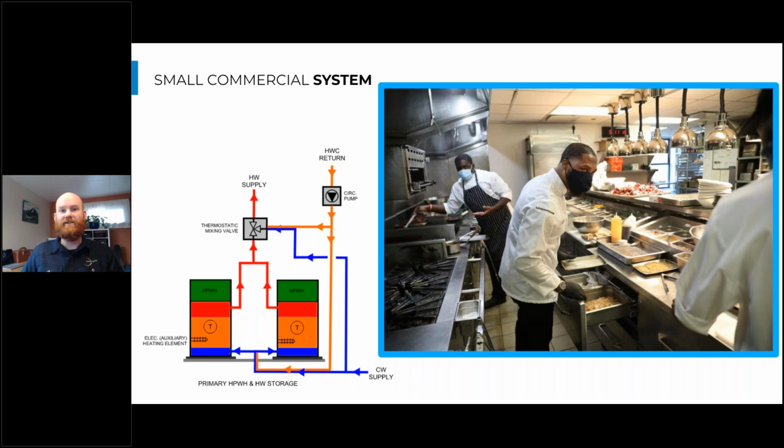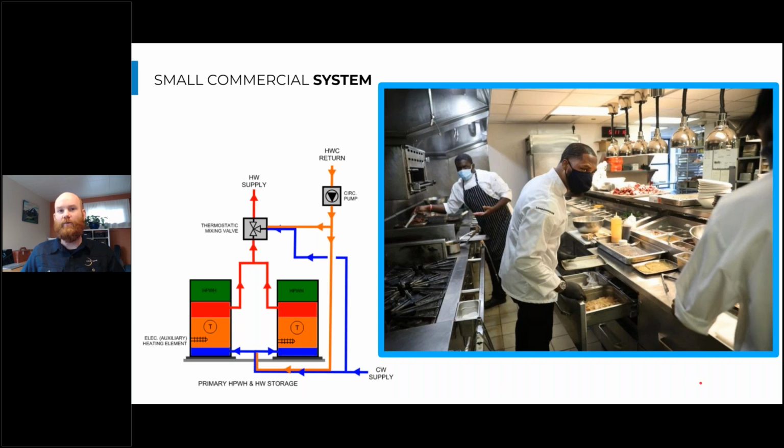So we can essentially discharge that cool air into the kitchen, get some free cooling out of that process, and be making hot water with a really highly efficient heat pump water heater all at the same time. So a great opportunity to double dip on your energy savings, and get some cost effectiveness if you can downsize your cooling system serving that kitchen.